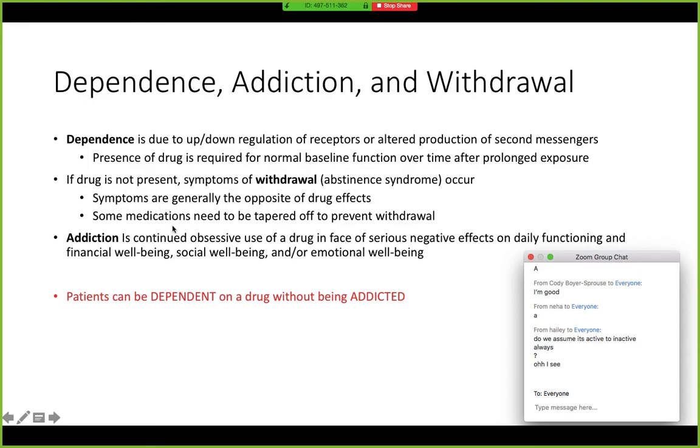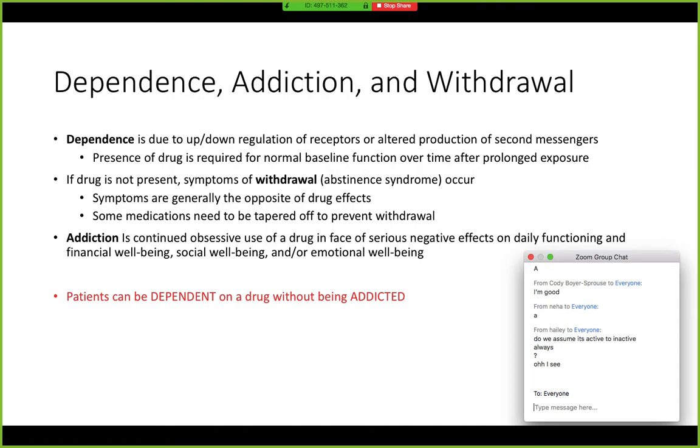It's only known as addiction if the patient is using the drug in a way that has negative effects on daily functioning and financial well-being, social well-being, and/or emotional well-being. So the big thing here is to realize that patients can be dependent on a drug without being addicted.